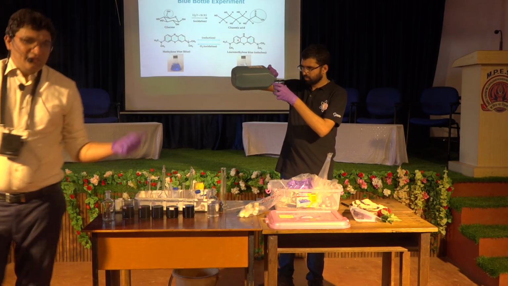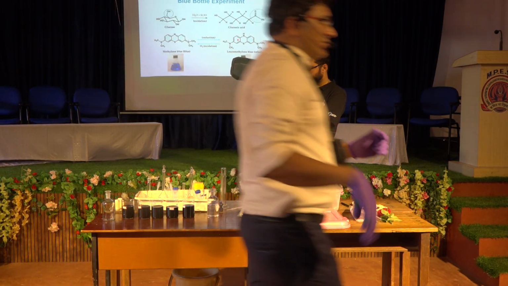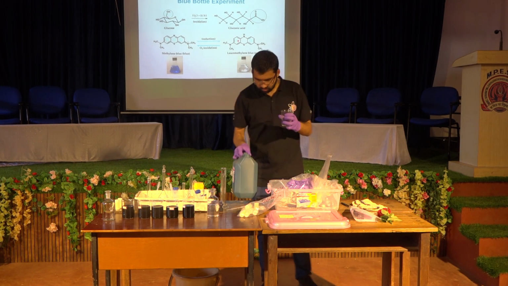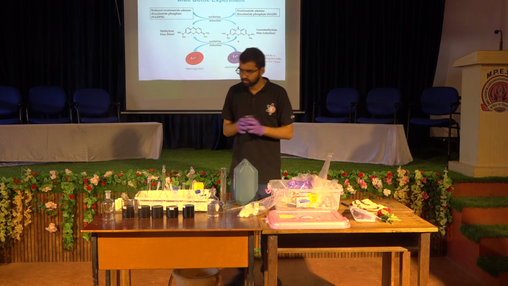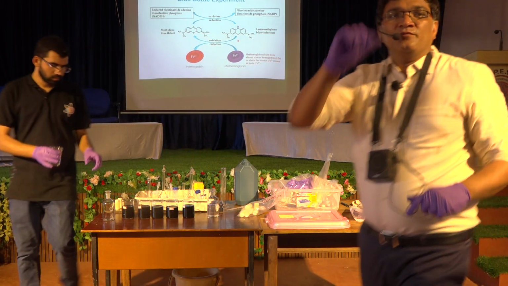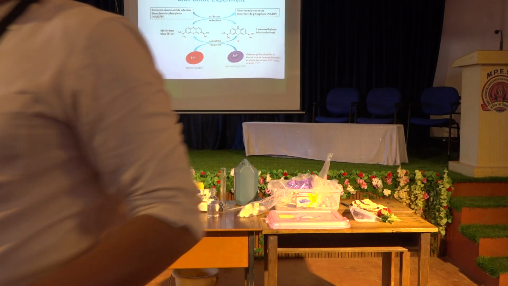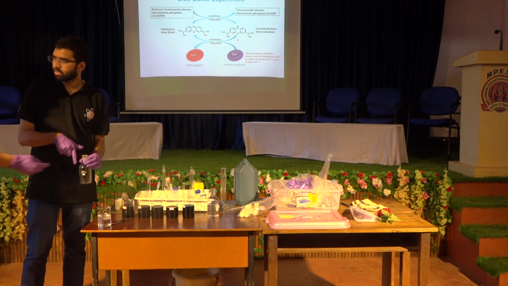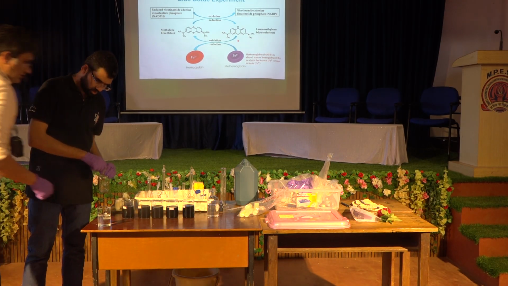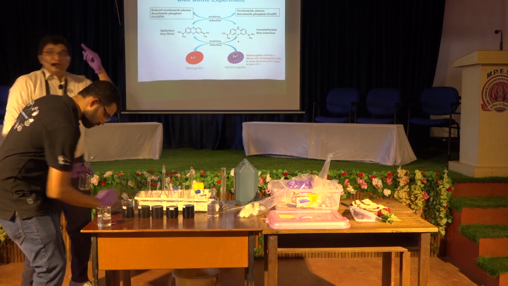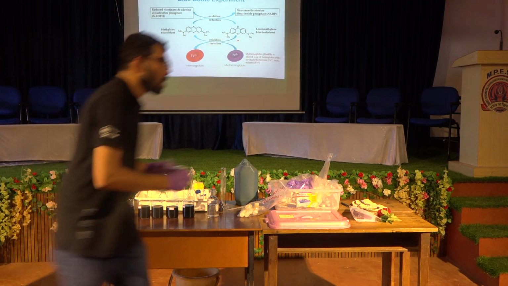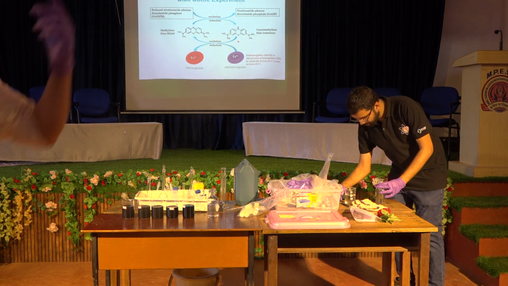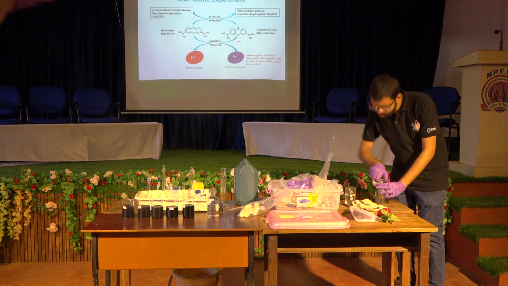So, by the time we are doing one more experiment related to color, I want to show you a very important fact about methylene blue. Methylene blue is actually a drug, a medicine. If you remember the previous step, methylene blue was reduced by gluconic acid to colorless leucomethylene blue.